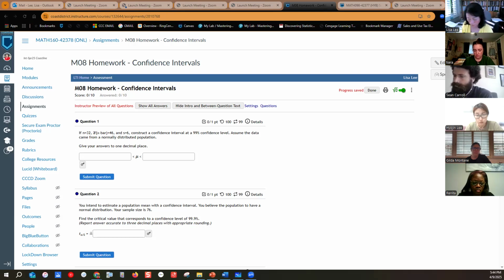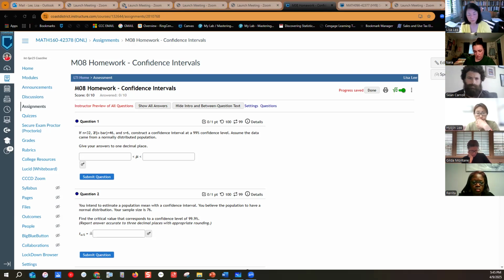So in the chat I will type: if s is given only, s means sample standard deviation, you have to use a t interval. This is the key.